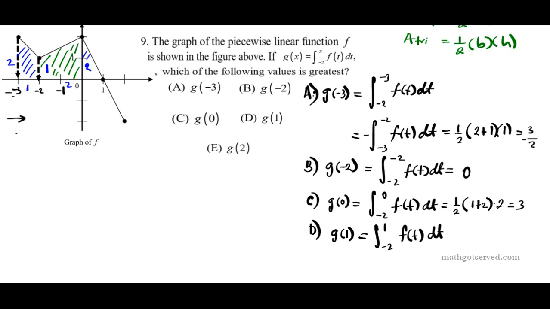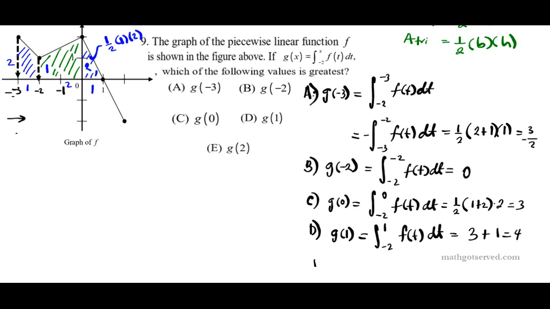So all we're doing is taking the answer we got from C, which is -2 to 0, and adding on the area from 0 to 1. We have a triangle here. The base is 1, the height is 2. So the area of this triangle is 1/2 base times height, 1/2 of 1 times 2, which is just 1. So this integral is going to be 3, the area of the trapezoid from -2 to 0, plus 1, the area of this triangle, and the answer is going to be 4.